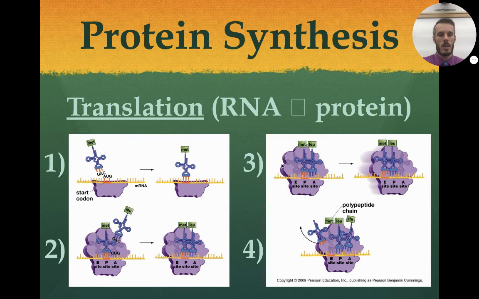Okay, so eventually, again, the RNA strand will get pulled through the ribosome, and more and more of these tRNA molecules will come in and provide the next amino acid in the chain.